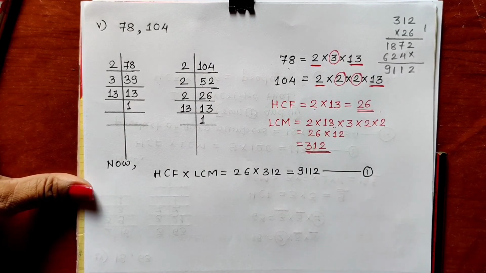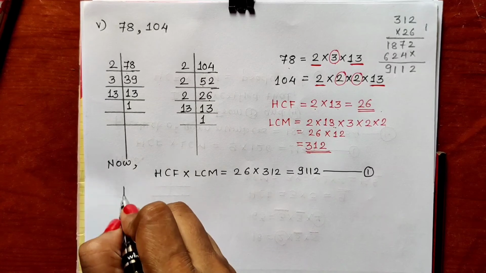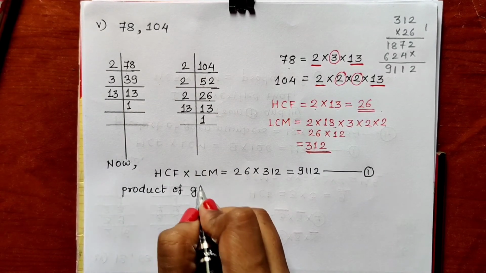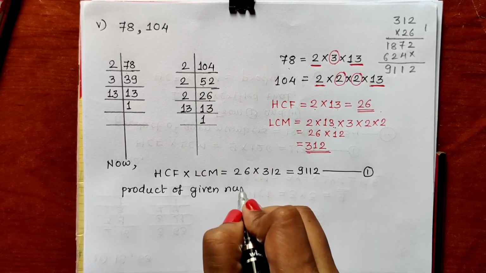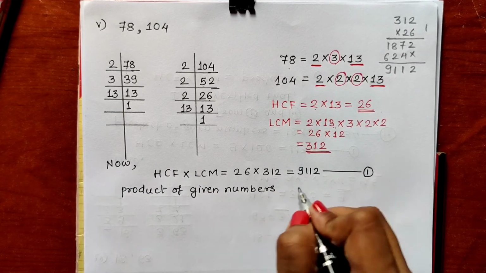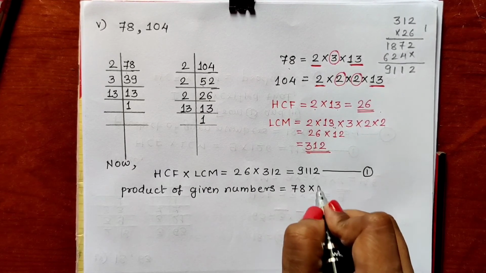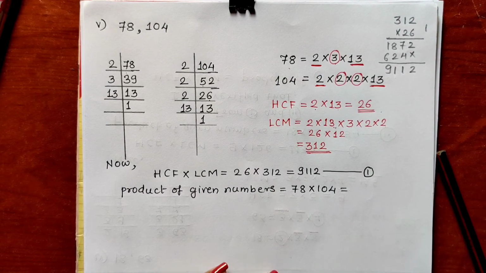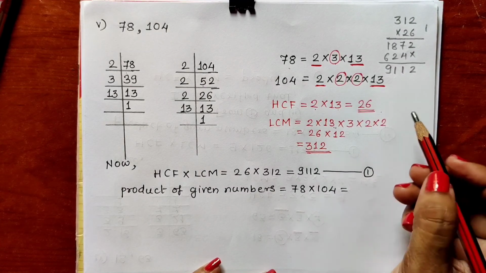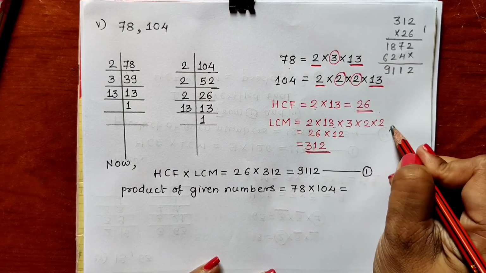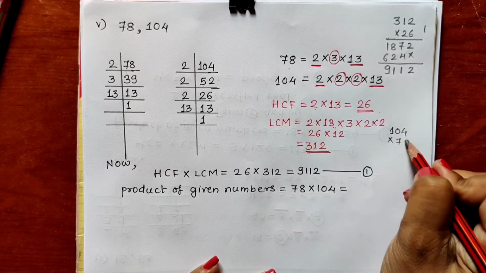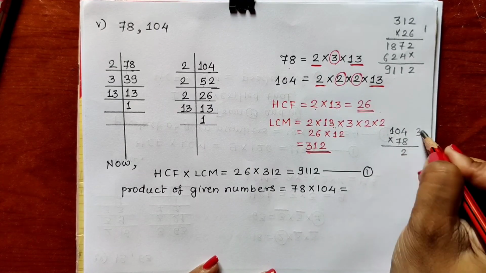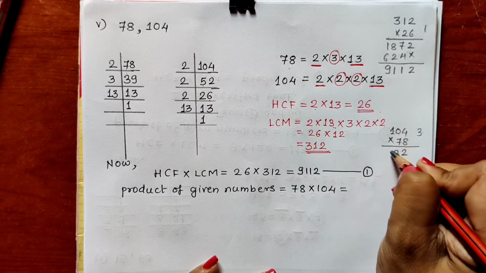This is the first equation. Now let us find out the product of given numbers. It is 78 multiplied by 104. These are two given numbers to us. So 78 into 104 we have to multiply. I will be multiplying here. 104 multiplied by 78. 8 4s are 32. 2 written, 3 carrying. 8 zeros are 0 plus 3 is 3. 8 1s are 8.